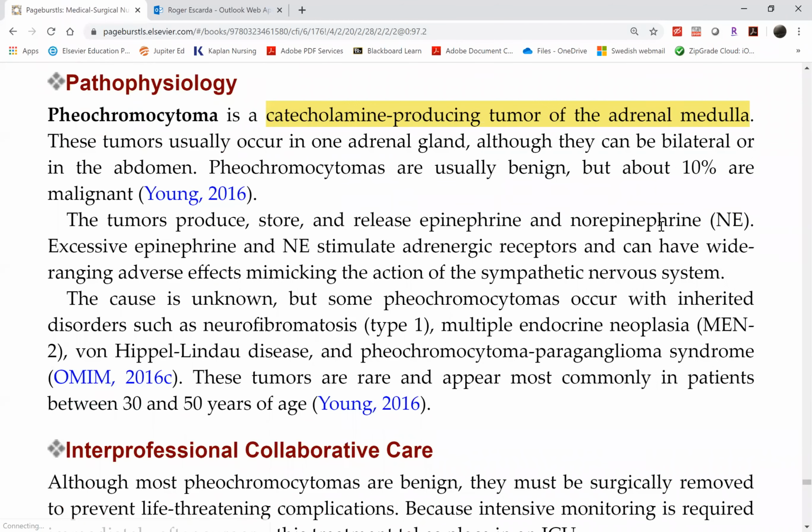Although they are usually benign, regardless though, they still cause a really high release of epinephrine and norepinephrine. So what are the effects of these catecholamines when they are released? Fight or flight response. All right, so you're looking at a really jittery patient.